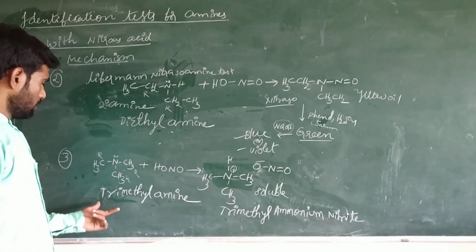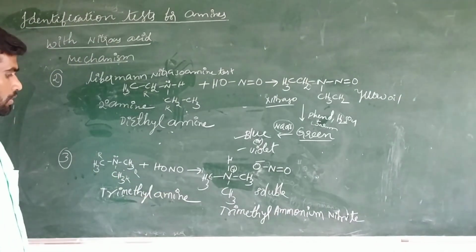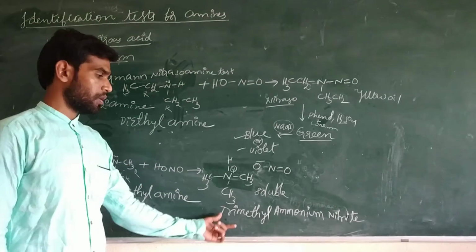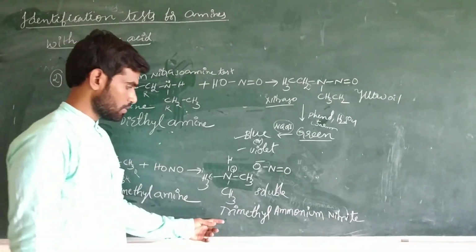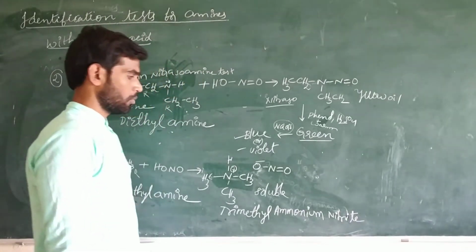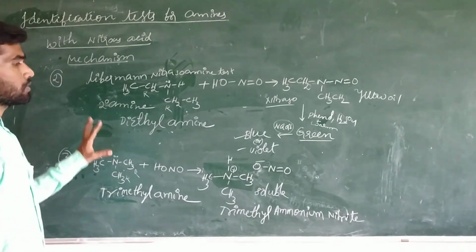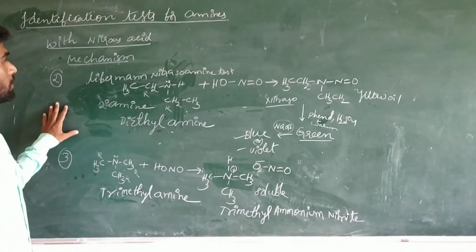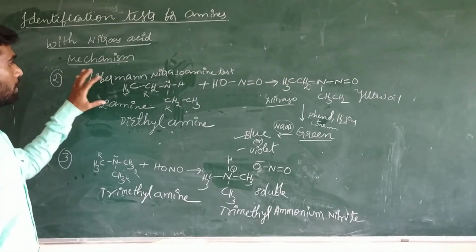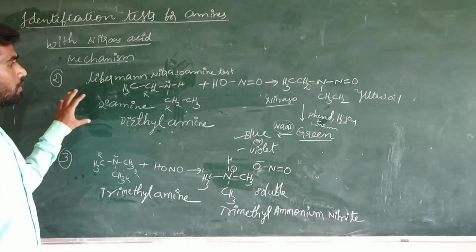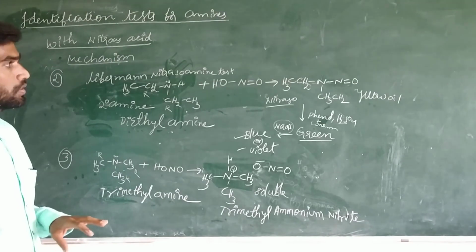And trimethylamine reacting with nitrous acid forms salts, the trimethyl ammonium nitrate salt. This is the mechanism when nitrous acid reacts with primary, secondary and tertiary amines.